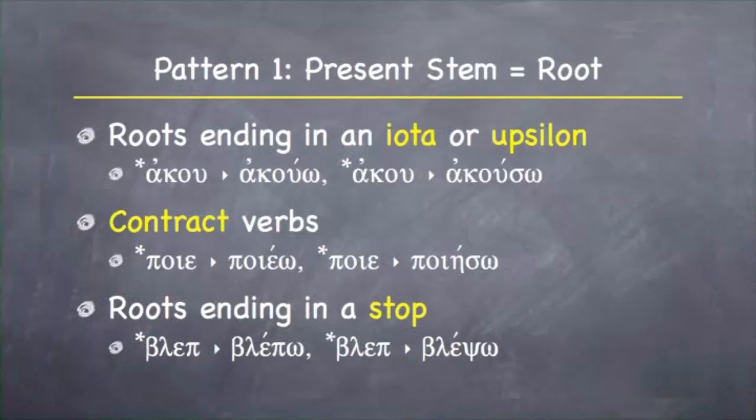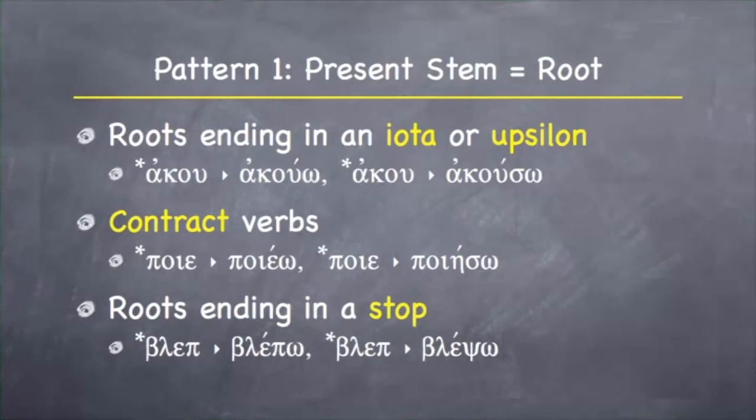So let's look at those 3 subcategories of pattern 1. Roots that end in an iota or upsilon are pattern 1 verbs. So you have the root aku, which shows itself in the present as akuo, and that shows itself in the future as akuso.